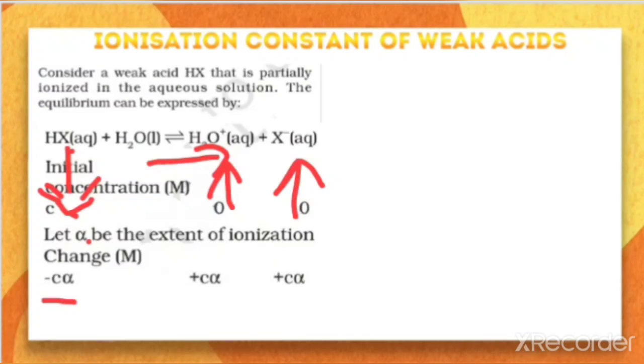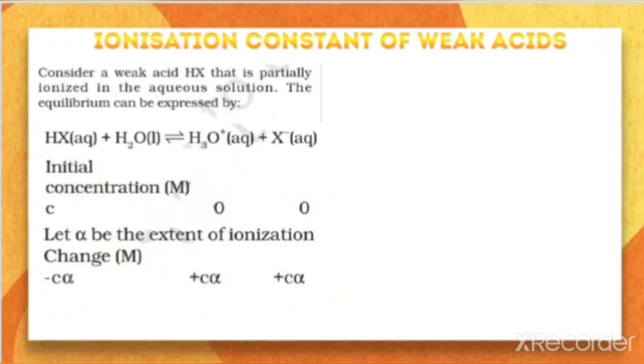C alpha is the decrease, that's why it is represented by a negative sign. And there is an increase of C alpha in the concentration of each product.